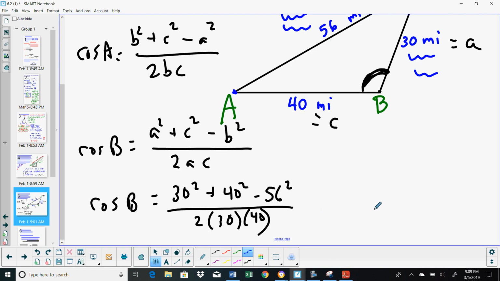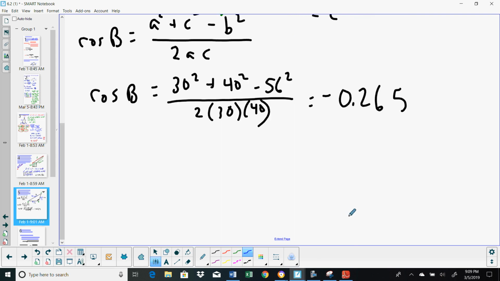So we got cosine of angle B is negative 0.265. And so that's the cosine of angle B. So to find angle B itself, that means we need cosine inverse of negative 0.265.